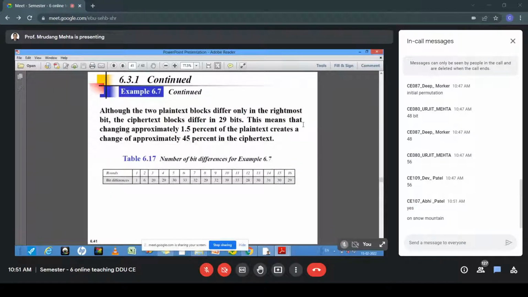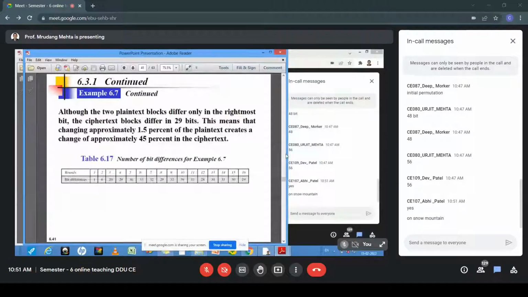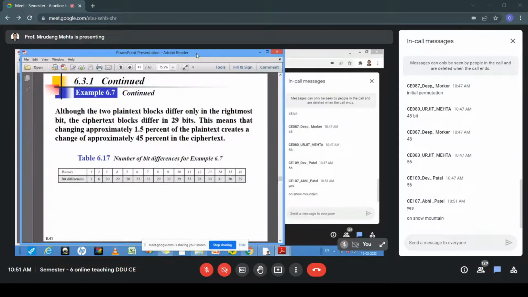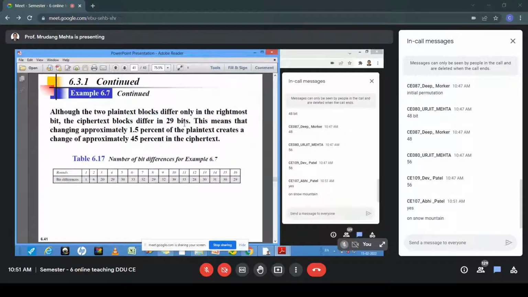So it is observed that these two plain text blocks differ only in the rightmost bit. The ciphertext blocks differ in 29 bits. So a 1 bit change has an impact on 29 bits in the ciphertext.